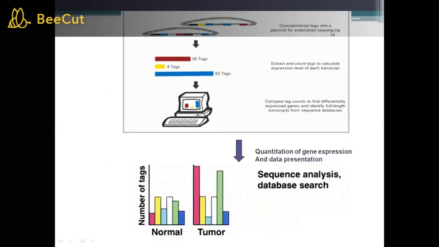So here you can see this carried out: concatemer tags are cloned into the plasmid for automated sequencing. Then extract and count the tags to calculate the expression level of each transcript. Then compare the tag counts to find differentially expressed genes and identify full-length transcripts from the sequence databases.